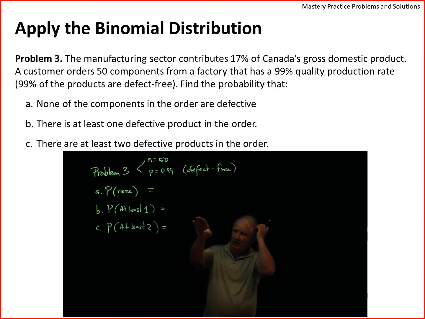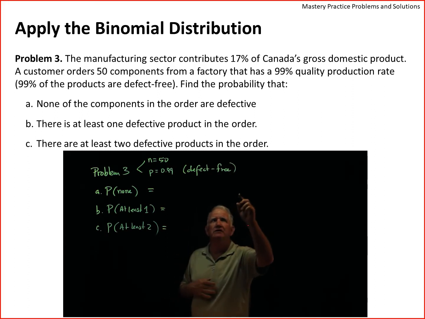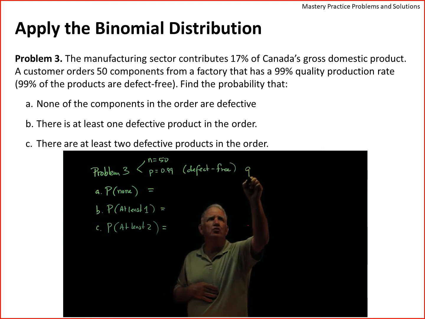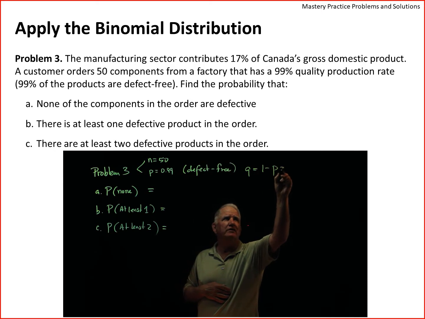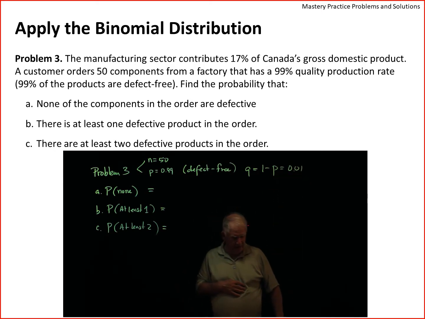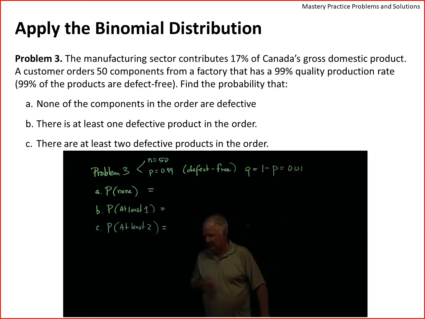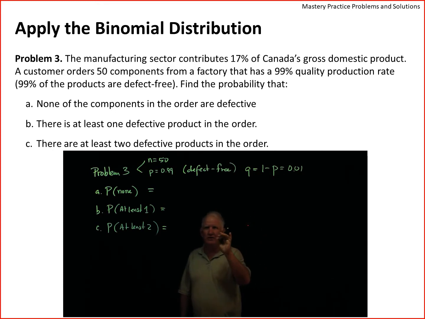Well, I'm dealing right now with the probability of being defect-free. So that means that Q is the probability of failure, and that's 0.1. So, gosh, I wish I had my calculator. I do. All I'm being asked to calculate here is the probability of exactly 0 defects.